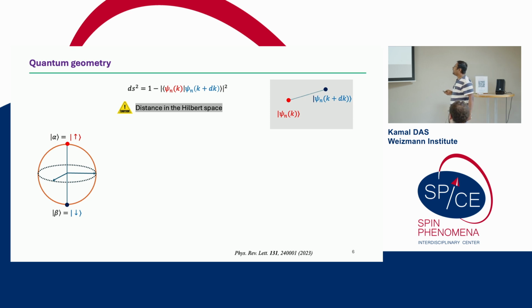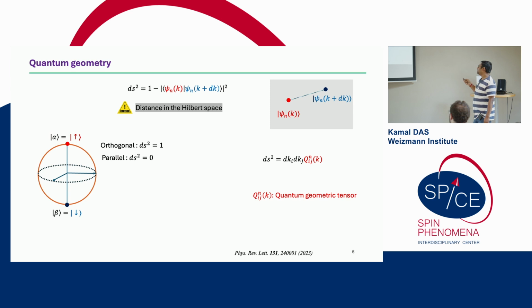To understand that, let's take this example of a spin half system in the Bloch sphere. If I consider 2 states, one at the north pole, the other at the south pole, then they are orthogonal and the distance is maximum. If I consider 2 states which reside on the same pole, then the distance is minimum and they are parallel.